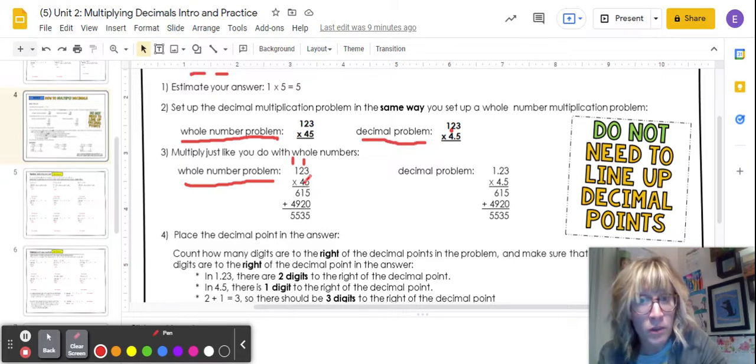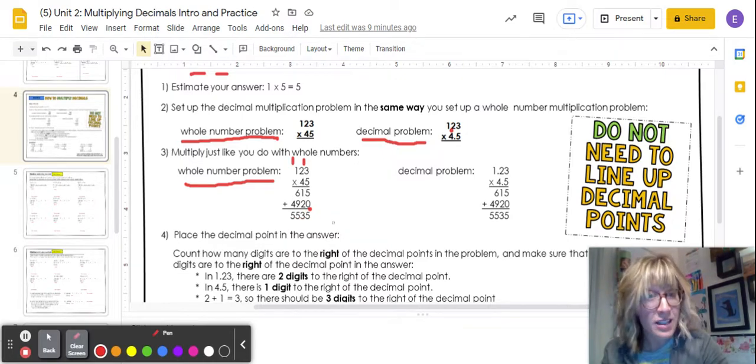Now we're going to do 4 times 123, but it's not really a 4, it's really a 40. So we put this placeholder here, and then we multiply, and when we add them all up, we get 5,535. When we do it as a decimal, you'll see that we end up with the same exact answer.